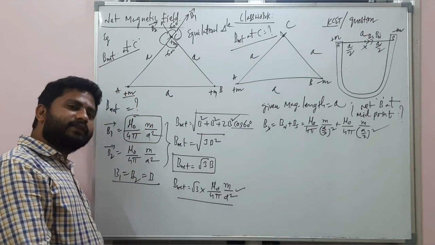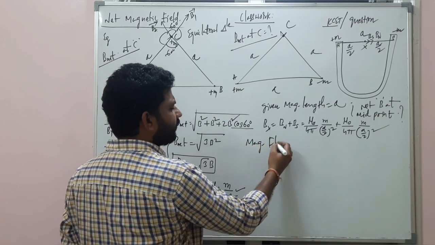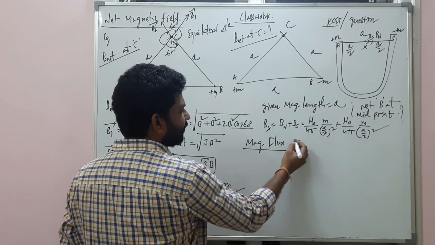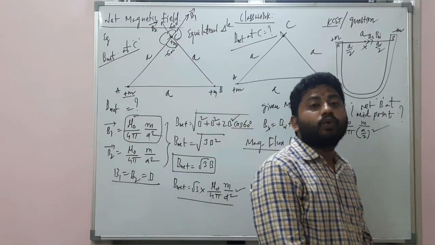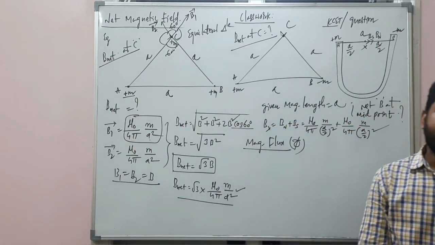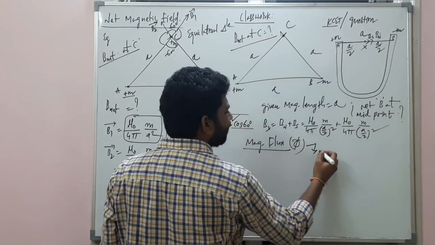Now, the next topic will be magnetic flux. I'm not going to give you the in-depth analysis of magnetic flux because electric flux you have already discussed in detail. Magnetic flux is the same as electric flux.